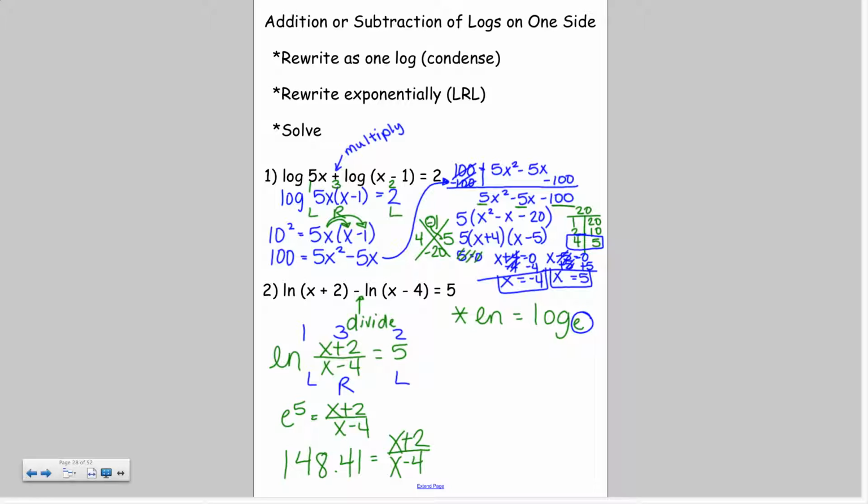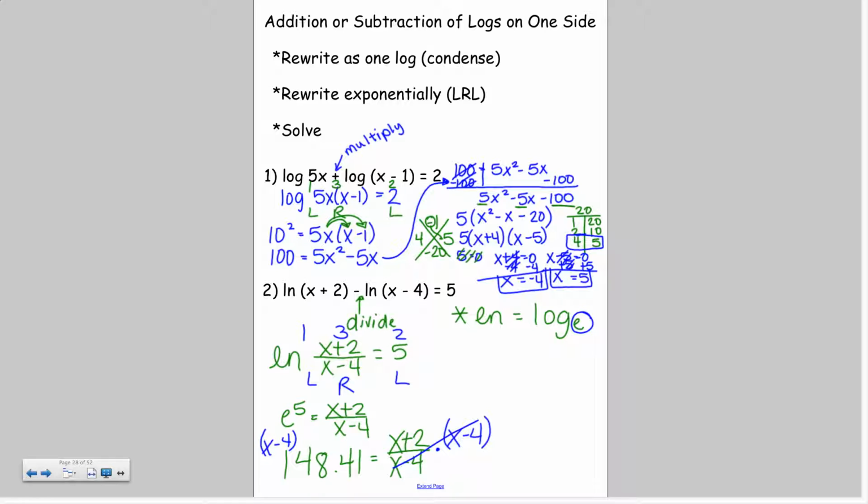Now this one's going to get a little bit big, but that's all right. All right, so in order to go ahead and solve this out, I need to combine like terms, but I have a fraction going on. Well, to get rid of a fraction, I'm going to multiply by what's on bottom on both sides. So I'm going to multiply that side by x minus 4, then I'm going to multiply this side by x minus 4.